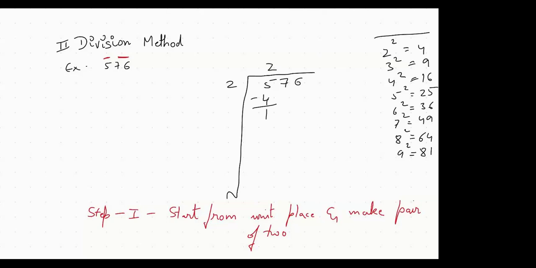Okay, the first step is to start and make pairs. The second step was you need to take such a square that is either equal to or smaller than the number which you are dividing. Then the next step is this number that you've written here, you will add to the side.